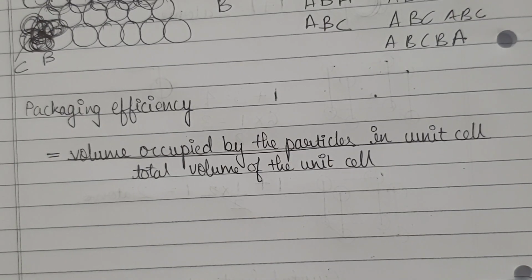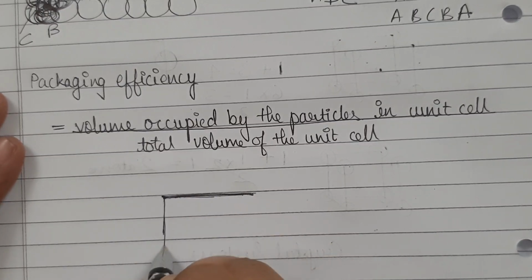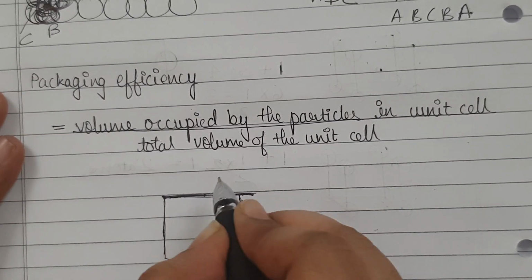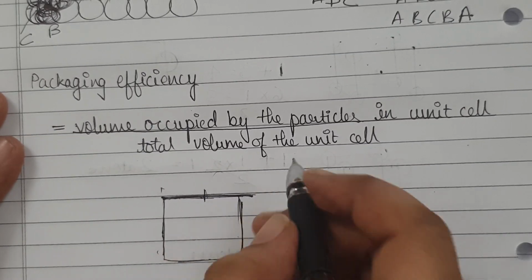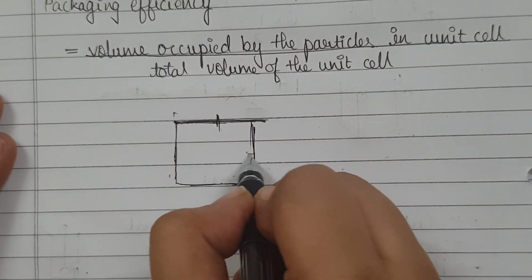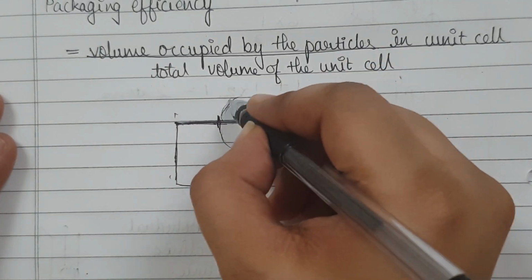Now you have to understand how we do this. In case of your simple cubic, this is one edge of ours. For example, we are seeing one face. This is half of your edge, right? One atom takes up this much space, correct?